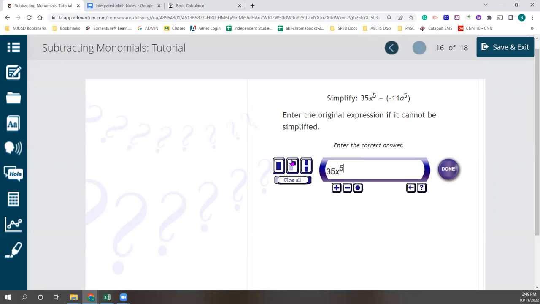I got to push the down button, minus, and then parentheses, that's the shift 9 on your keyboard, negative 11a, and then I got to do the exponent again for the 5th power. There you go. So all you're doing is copying it down.